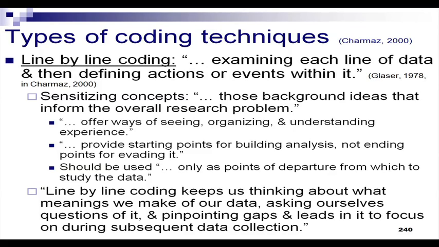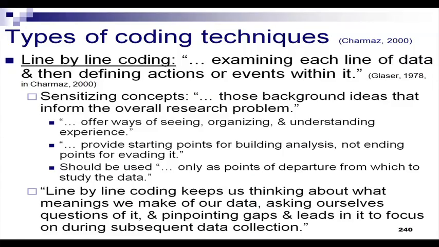They provide starting points for building analysis, not ending points for evading it. So if I say I'm looking for trauma, I pick incidents. We'll talk about significant incidents when we talk about axial coding. But incidents are picked up, and then we say, okay, trauma means this, trauma means this, trauma means this. So they provide starting points.